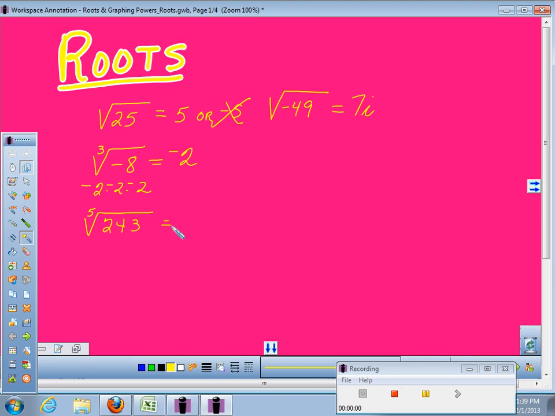If you read this, you'll notice across the top you have x squared, x cubed, x to the fourth, x to the fifth. So in our case, if we're trying to do a fifth root, you would go to the x to the fifth column and see if you can find 243. Going across, you'll notice it was 3 to the fifth power. So yes, the fifth root of 243 is 3. That'll make it a little bit easier.